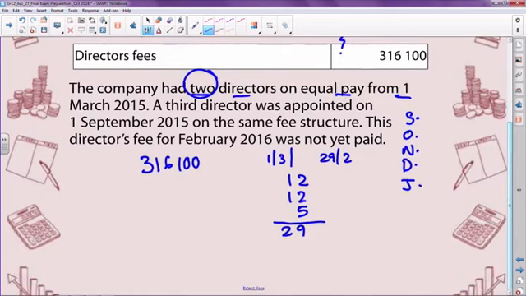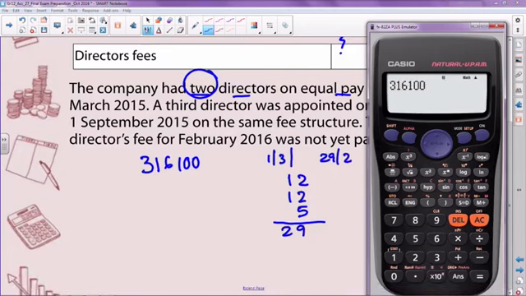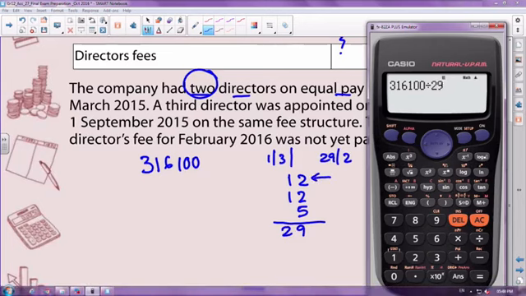Okay, what can I now do? All that I do now is I take my 316,100 and I divide it by 29. Why 29? Because one director was paid for 12 months, the entire financial year.